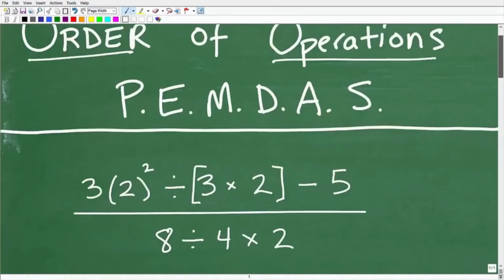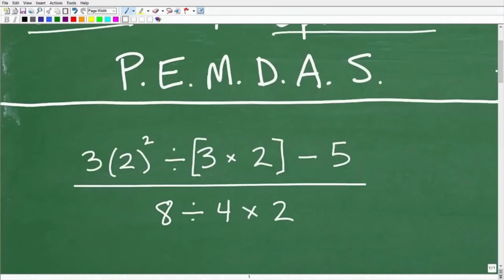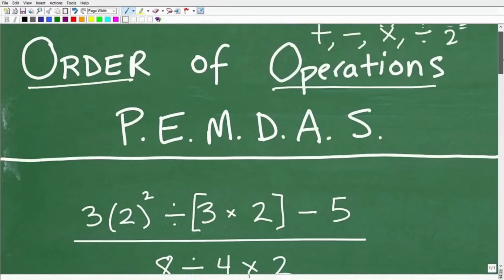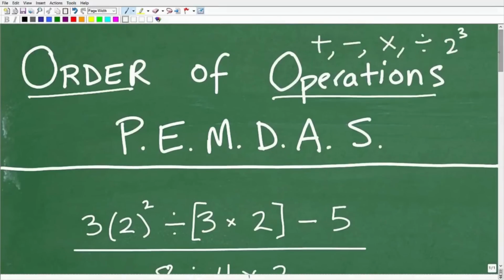Because if you look at our problem, we have all kinds of things going on. We've got multiplication, subtraction, division, powers, fractions. It's like, well, what do we do first? And if you don't follow the correct order, you're going to get the wrong answer. So order definitely makes a difference, and PEMDAS is our directions. It is the order we want to follow.